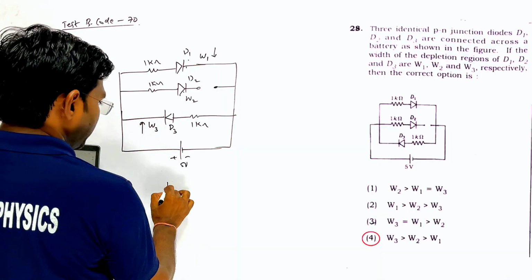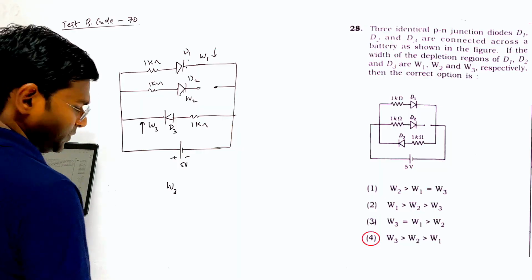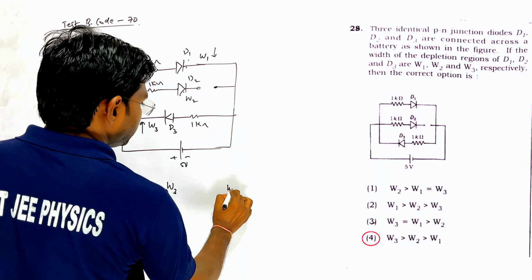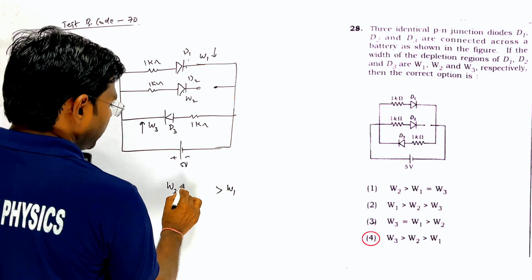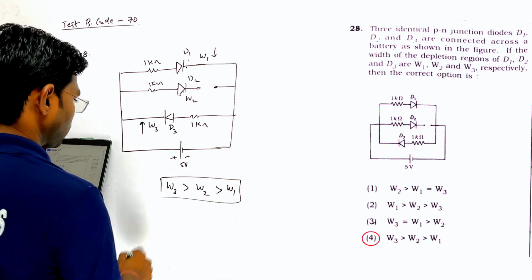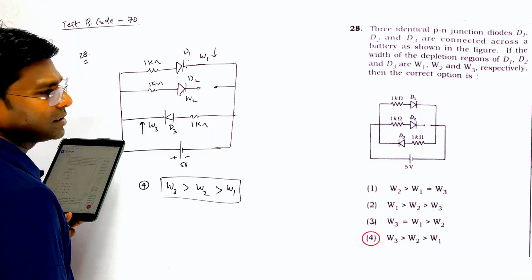So the biggest depletion region is W3 and the smallest is W1, and between them it is W2. So which option is the correct option? The fourth option is the correct option.